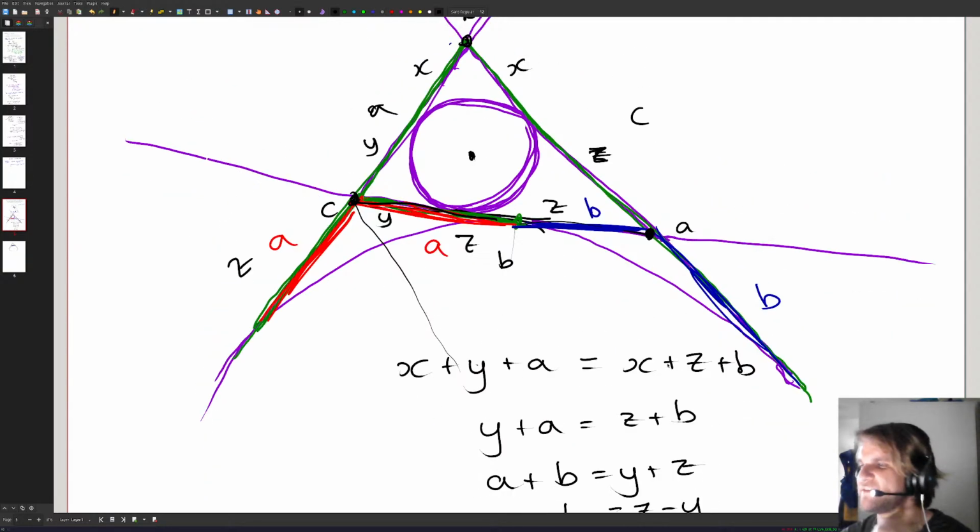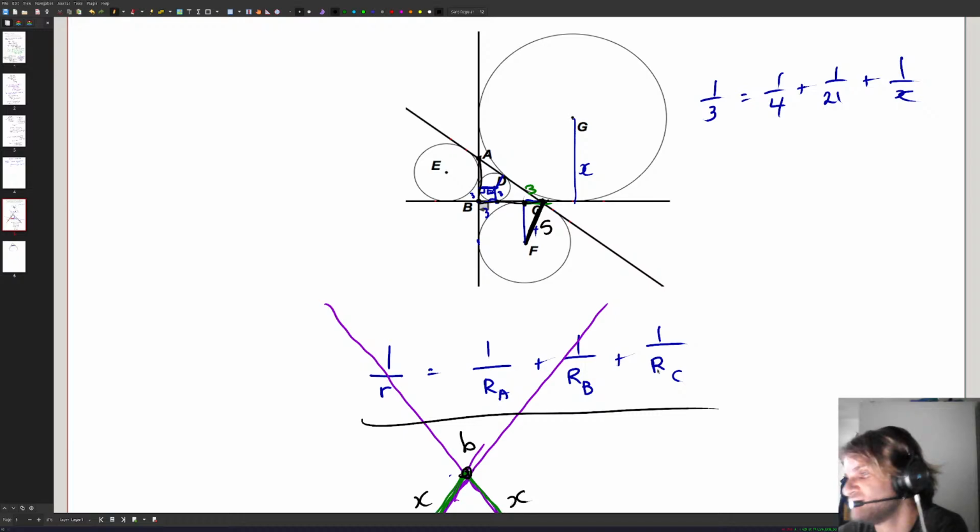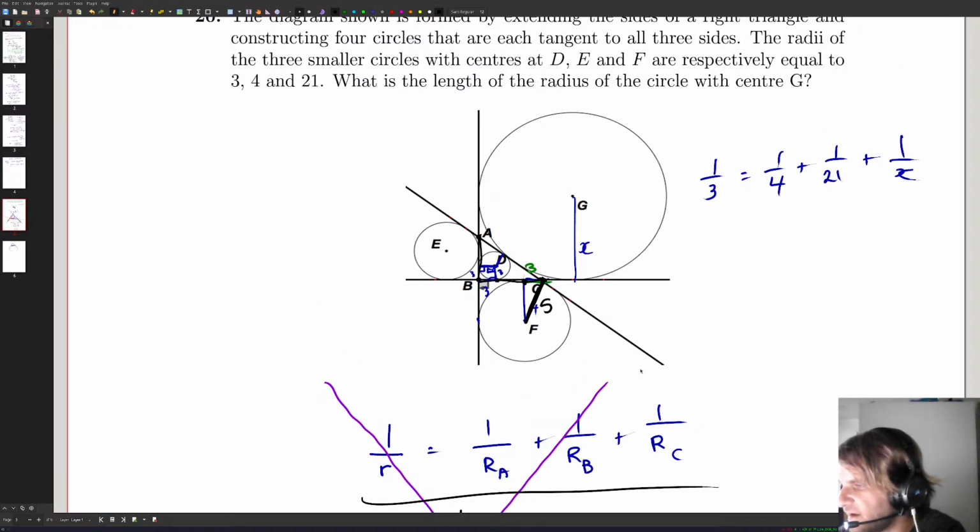And maybe this formula might say something about that. Not sure. Trying to remember what the way of doing this with areas is.